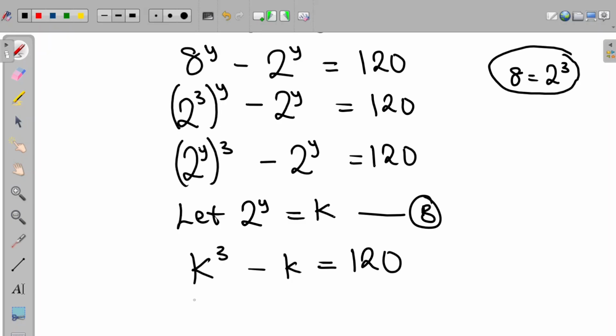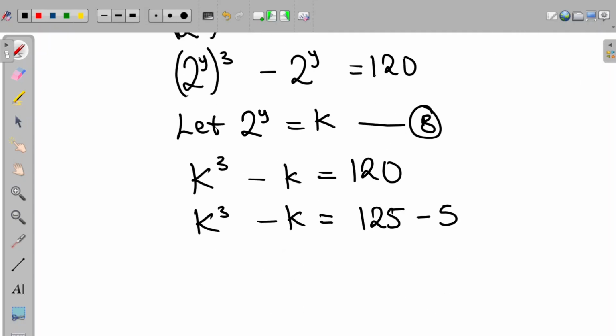So we can have it that k raised to the power of 3 minus k is equal to 125 minus 5. So we have that k raised to the power of 3 minus k is equal to 5 raised to the power of 3 minus 5.